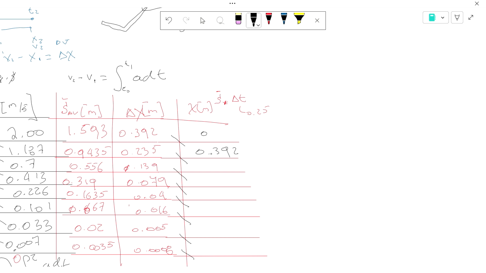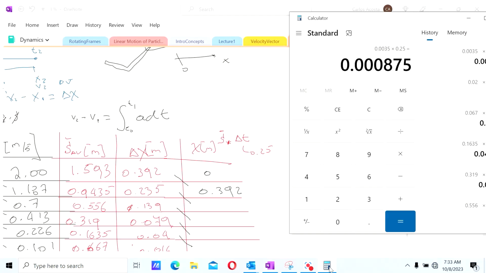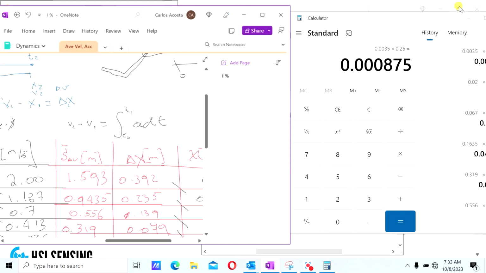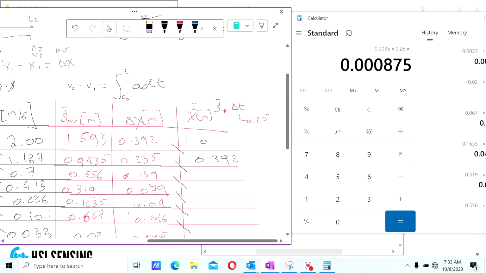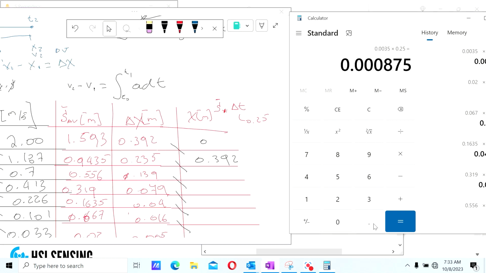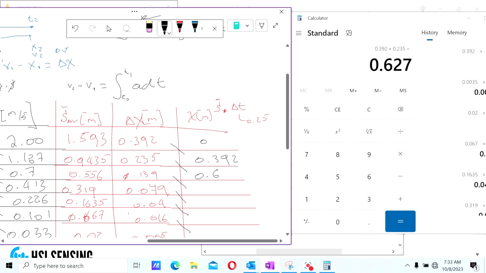Then we're gonna need the calculator again. 0.392 plus 0.235, and that is 0.627.